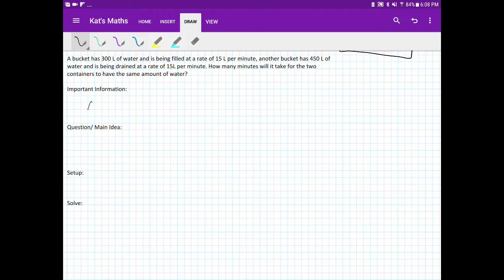We have bucket A that's got 300 liters of water, and it's being filled at a rate of 15 liters per unit time. And then we have bucket B with 450 liters of water, and it's being drained, so now the minus, at 15 liters per unit time. So the main idea from this problem is how many minutes it will take for the two containers to have the same amount of water.